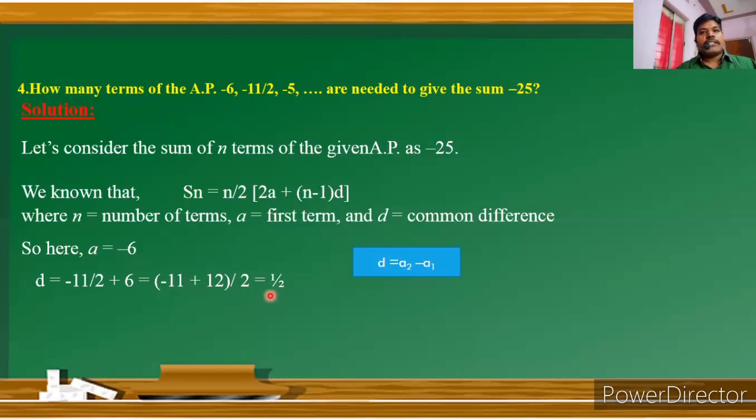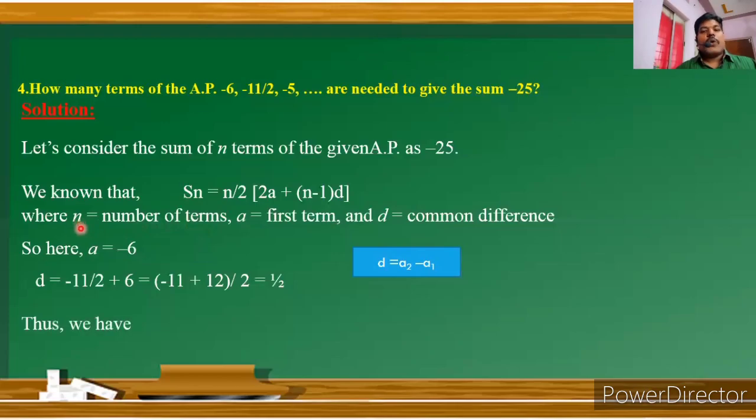All are understood, students? So already we know the a value, the d value, and the Sn value also. What is the Sn value? Sn value is minus 25. After getting all these values, what is the question? You have to calculate the number of terms, the n value.